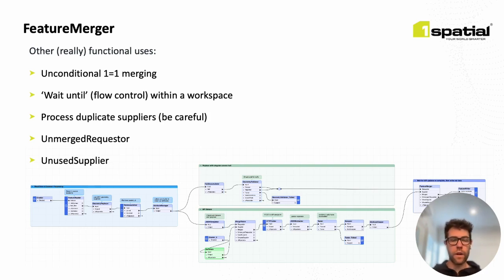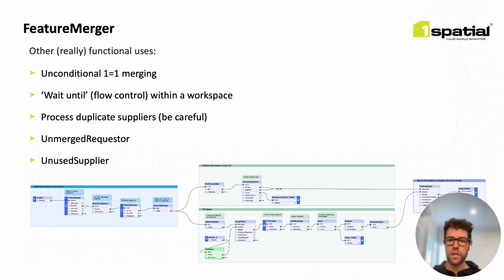And finally, the other one that I find really useful, which I find myself using more and more frequently now, is using the feature merger as a flow control mechanism within a workspace, which you can see on the slide here. I've got a workspace here, which I'll cover in a bit more detail in a moment. However, what we have in this workspace is two parallel operations happening.